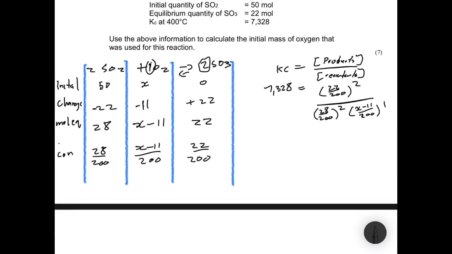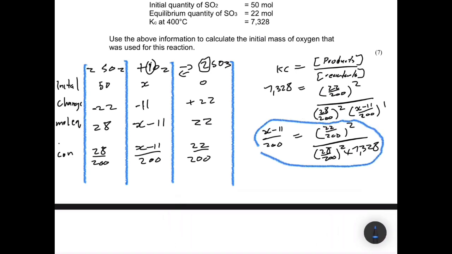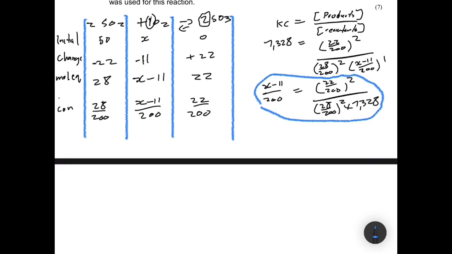What we can do here, we can say that x minus 11 divided by 200 is equal to 22 divided by 200 squared, divided by 28 divided by 200 squared, multiplied by 7.328, right? This step here might be confusing to some, but it's mathematically true. You can check it out and see if it works.